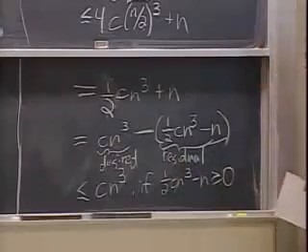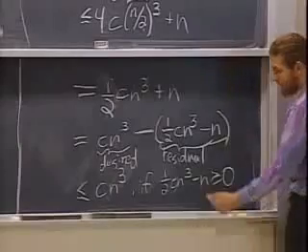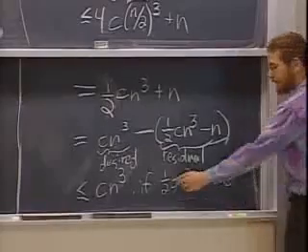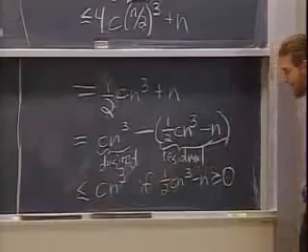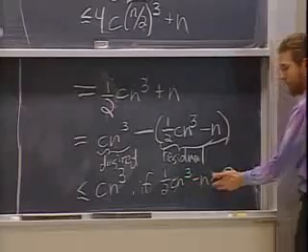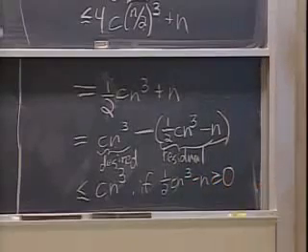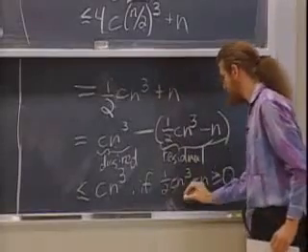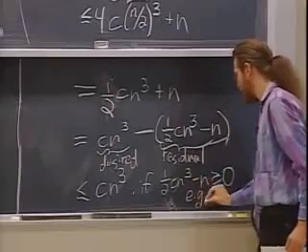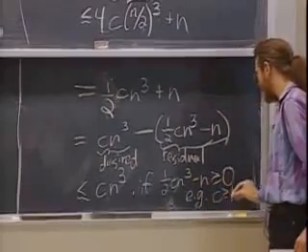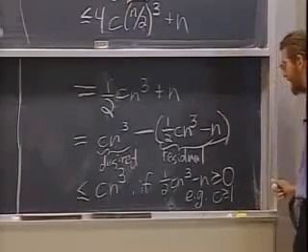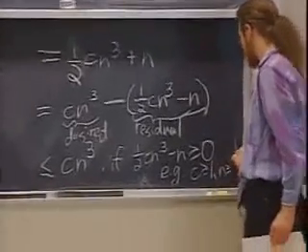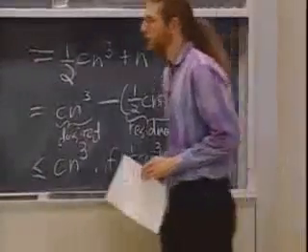I get to pick c to be whatever I want. And as long as c is at least, I don't know, 2, then this is a 1, at least. And I have n cubed should be greater than or equal to n. And that's always the case. So this is true if c is at least 1. And I don't think it matters what n is. But let's say n is at least 1, just for kicks.